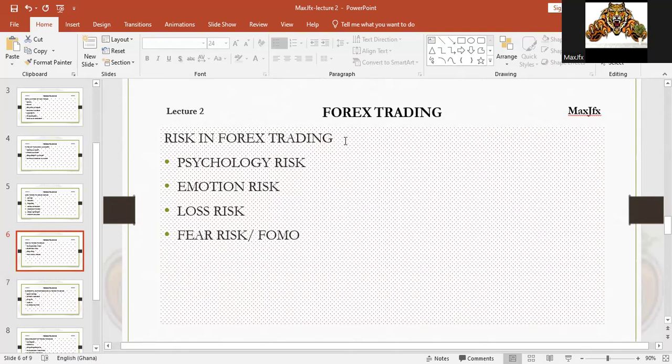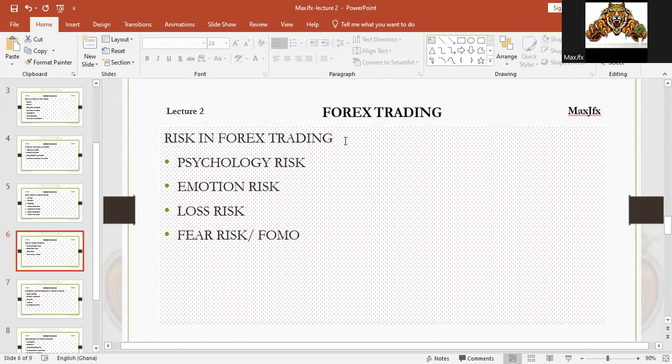The full meaning of FOMO is the fear of missing out. This is like the emotional risks explained earlier. Because of liquidity, the market sometimes moves very aggressively, and you become fearful that the market may go in your direction but you won't find a place to enter.